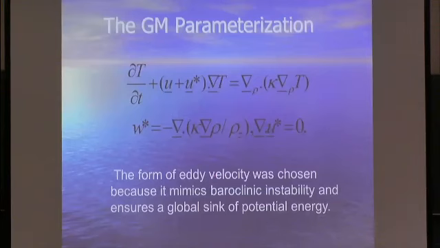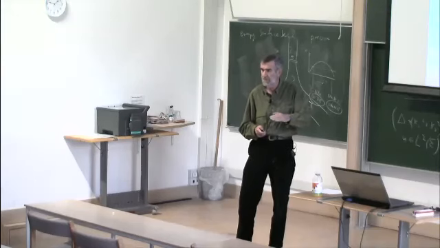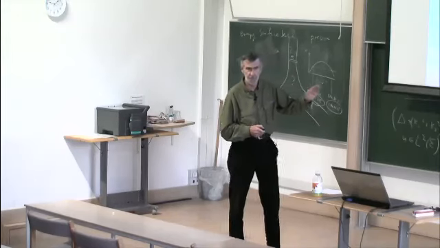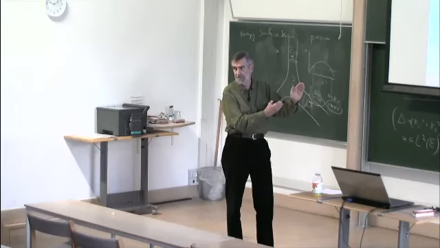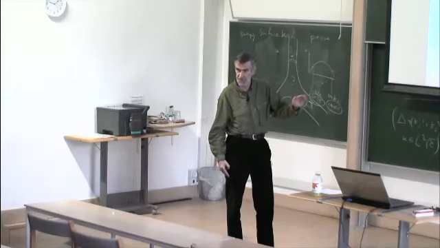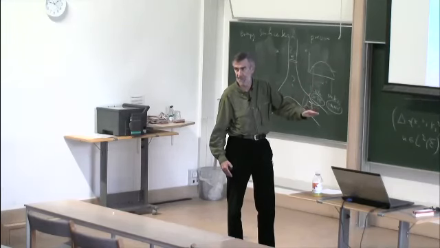The reason we chose that form of the eddy velocity is because it mimics baroclinic instability and ensures a global sink of potential energy. What happens in the ocean is where you, either by wind forcing or other means, set up slopes in the isopycnals, that kicks off this instability called baroclinic instability. And if the slopes are steep, then they tend to relax the slopes.